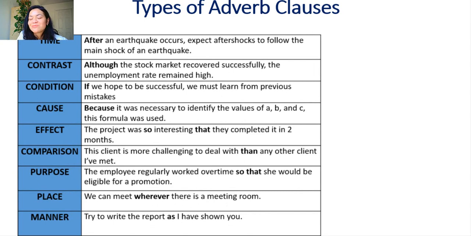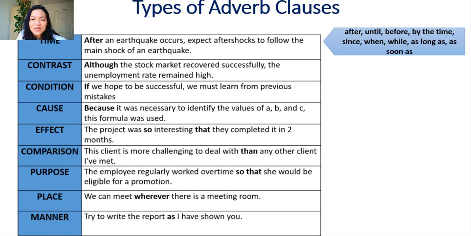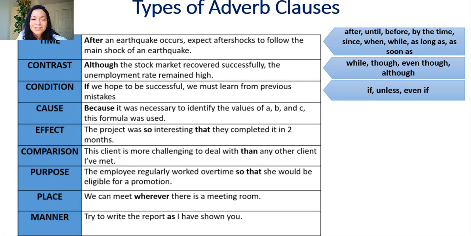Now let's look at some other examples of subordinating conjunctions that go with adverb clauses of time: after, until, before, by the time, etc. And how about contrast? While, though, even though, although. Let's look next at condition: if, unless, and even if.